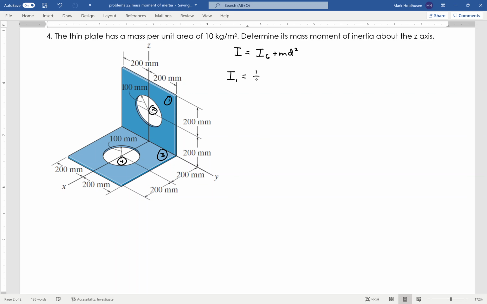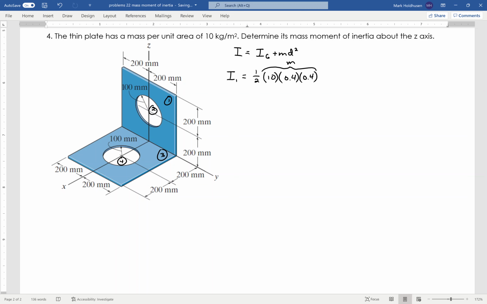So it's 1/12, where my mass is going to be that 10 times the area of this basically square, which is 0.4 times 0.4. So this piece right here, this is my m, okay?